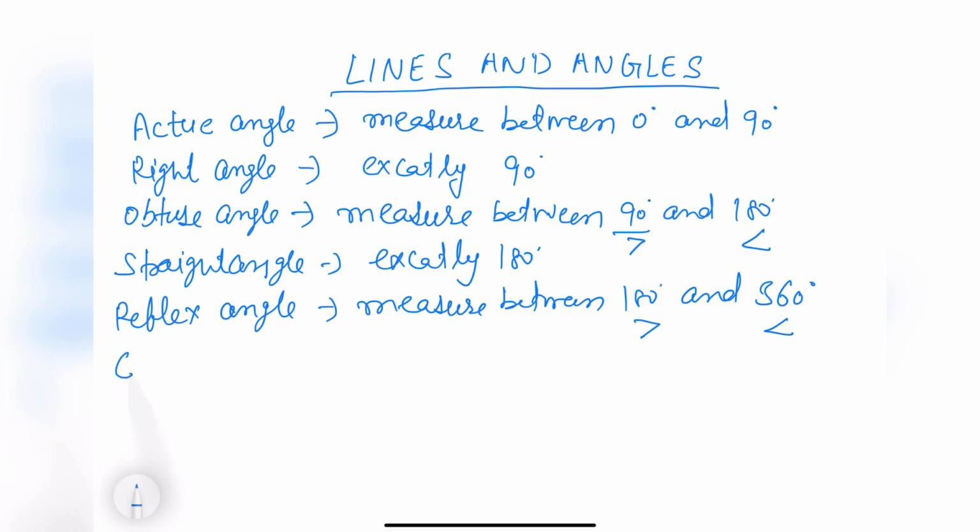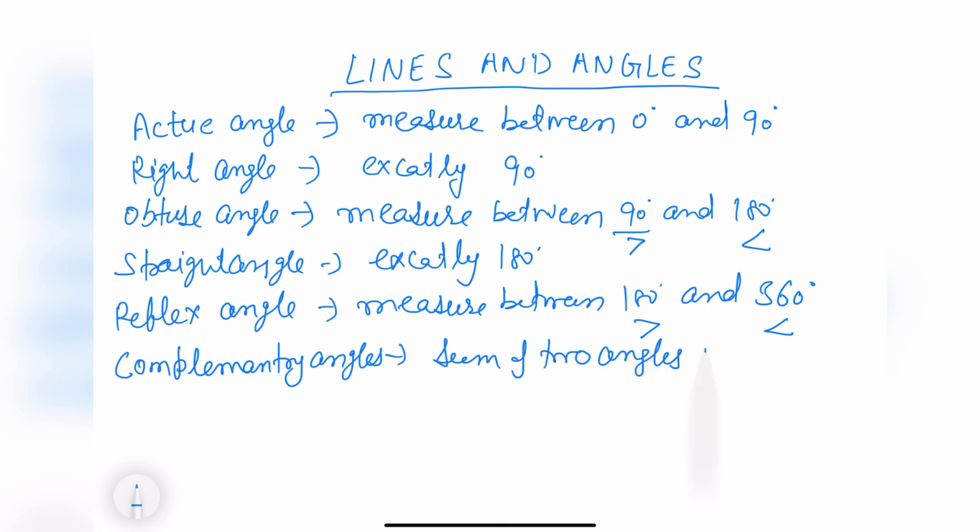After that we have complementary angles. Complementary angles are those angles whose sum is 90 degree. Sum of two angles is 90 degree. Then we have supplementary angles.